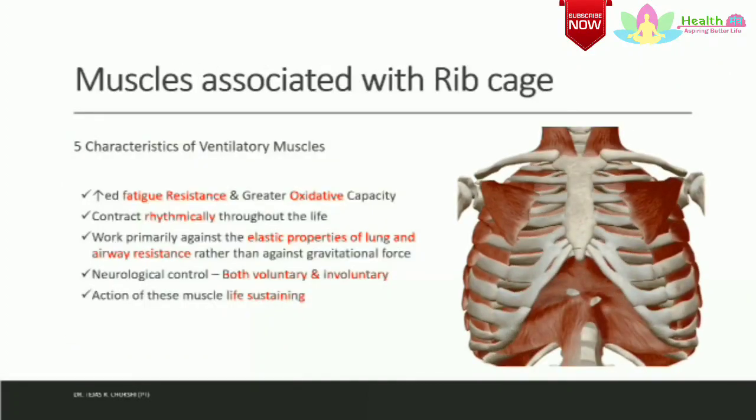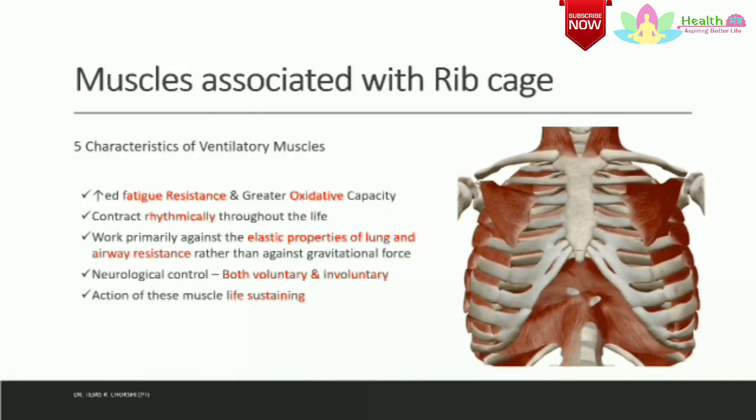Muscles associated with the rib cage. The muscles that act on the rib cage are generally referred to as ventilatory muscles. The ventilatory muscles are striated skeletal muscles that differ from other skeletal muscles in five ways. The first, they have increased fatigue resistance and greater oxidative capacity.